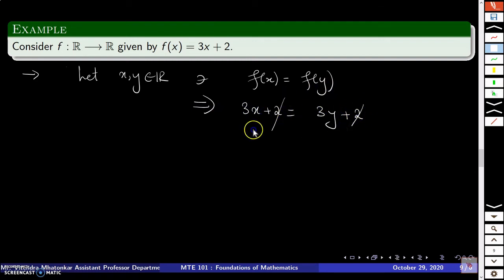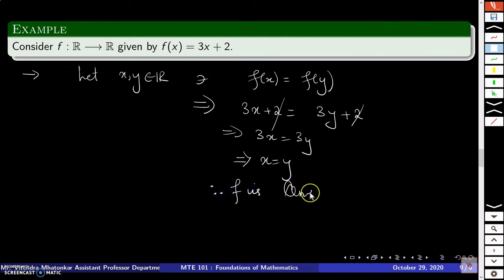So you can cancel off 2. So this implies 3x is equal to 3y, which implies x is equal to y. So if f of x is equal to f of y, then x is equal to y, and therefore the function f is a 1 1 function, right? So we have used the previous proposition to show that this function is 1 1.